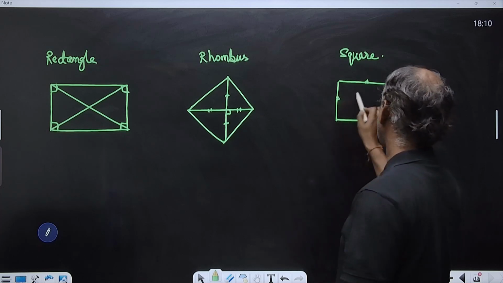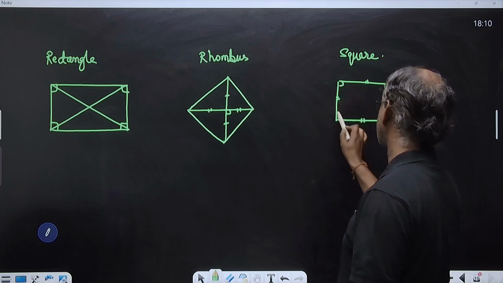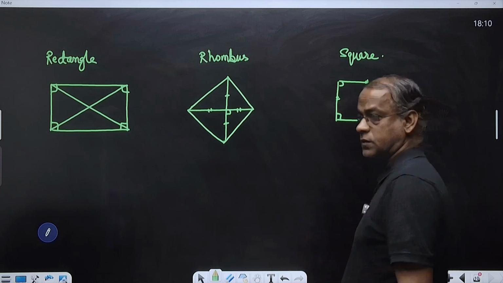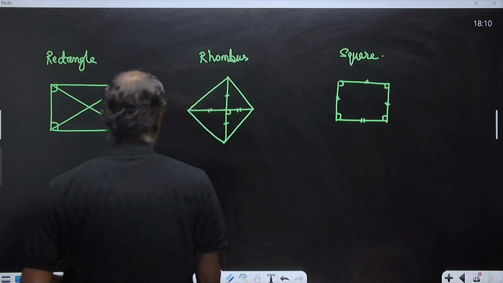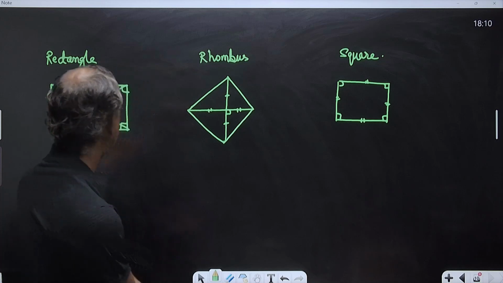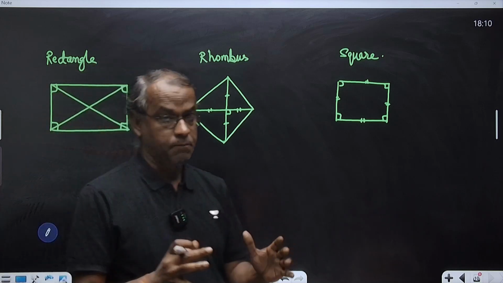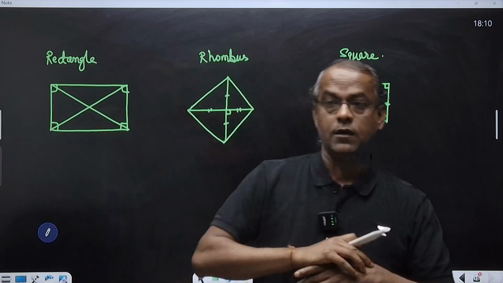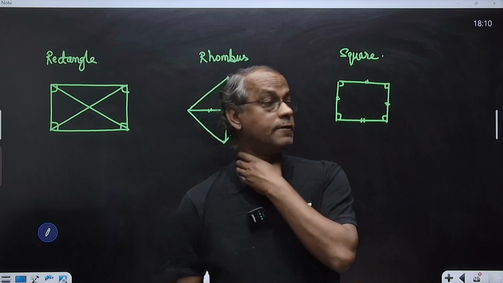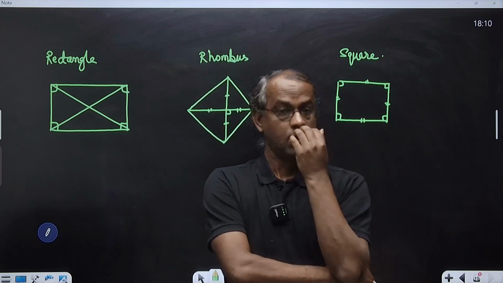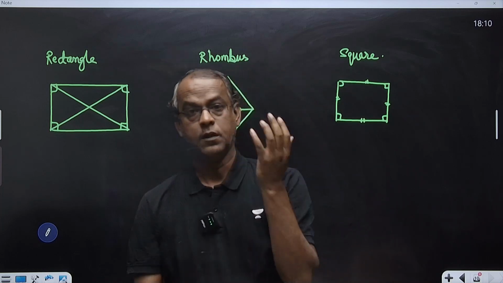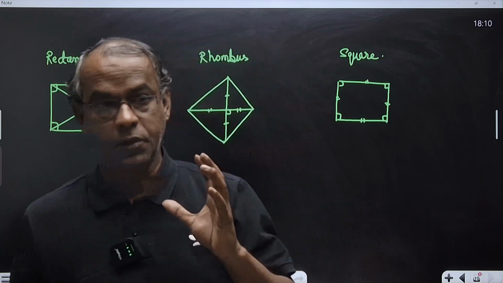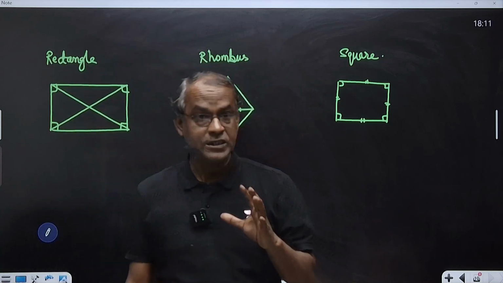It is a special case of a rectangle as well as a rhombus. Of course, a special case of a parallelogram too. So we are simply shrinking the set. The larger version would be your trapezium.